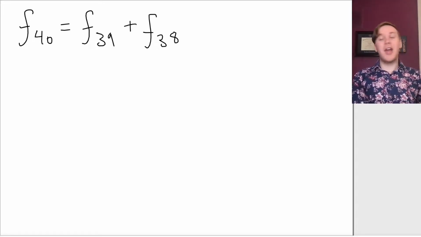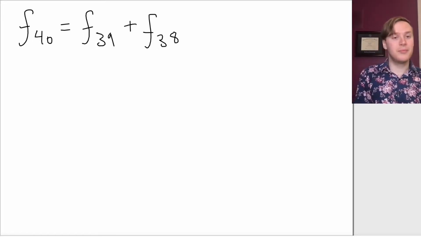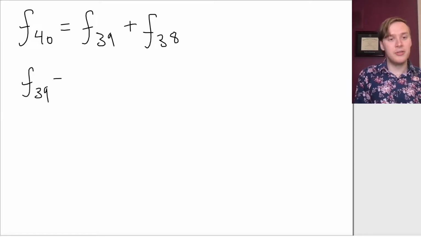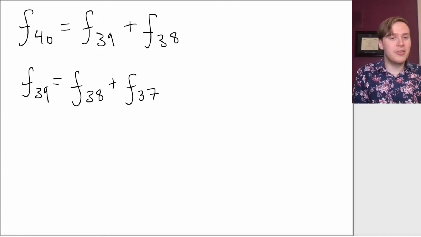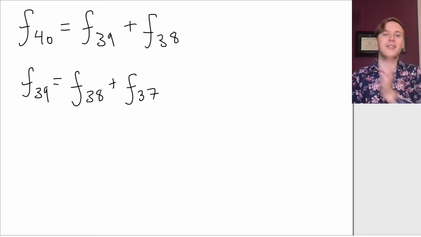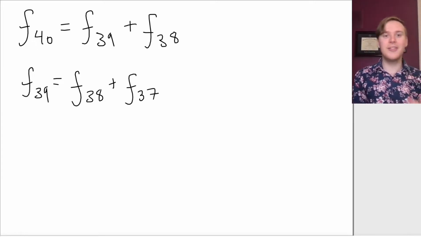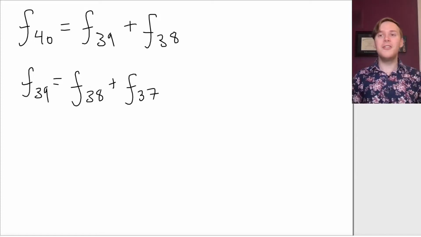Well, here's the thing. How do I find the 39th term? Well, I need the two terms before it. So the 38th term plus the 37th term. Well, how do we find the 38th term and the 37th term? Well, the 38th term, you need the 37th and the 36th. Then the 37th, you need the 36th and the 35th. Do you see the problem here?